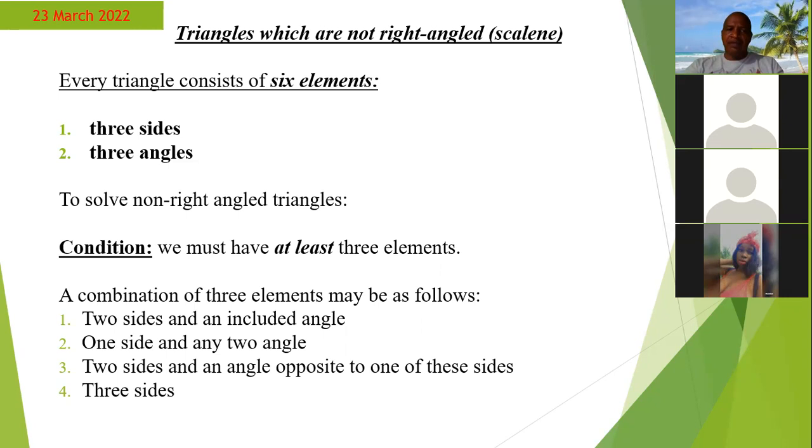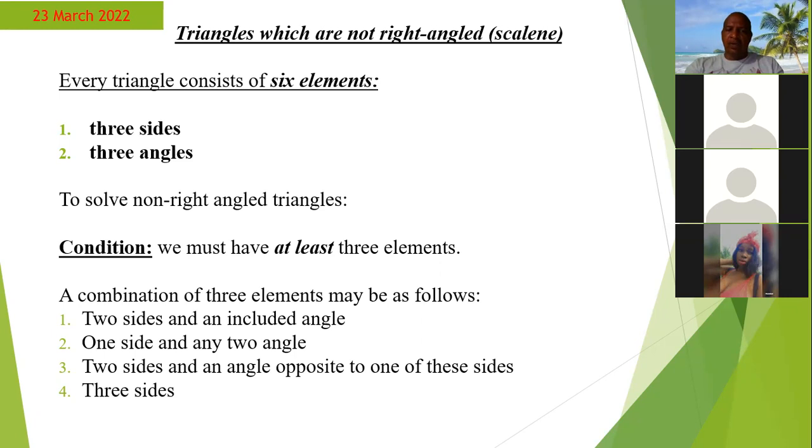You could be given 2 sides and an included angle, which means an angle between the two sides that are given. We could be given one side and any two angles. We could be given two sides and one of the angles opposite to one of these sides, or we could be given all three sides.